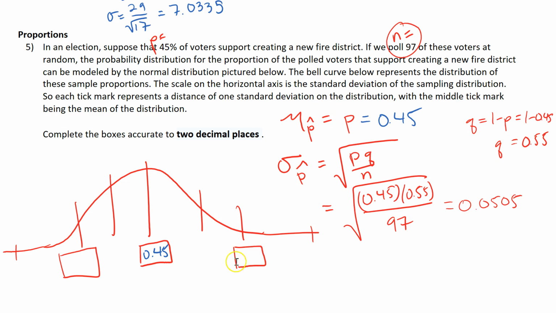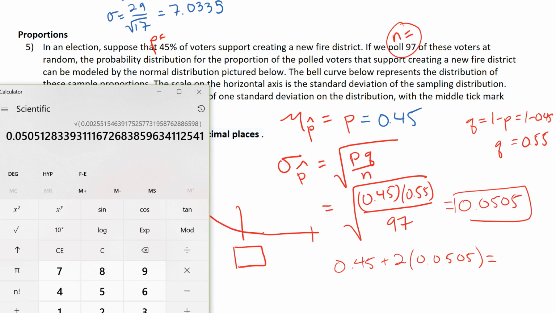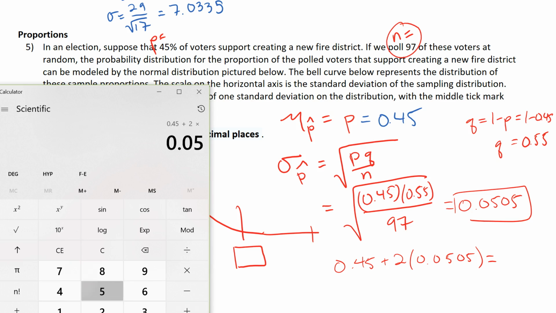So how do we get these values here? Well, this is the size of one standard deviation, but the boxes we want to fill in are 2 standard deviations above and below. So we can just go up by 2 standard deviations, or add it twice. So 0.45 plus 2 standard deviations, or 0.0505 twice. If we go up that amount, we get 0.551.